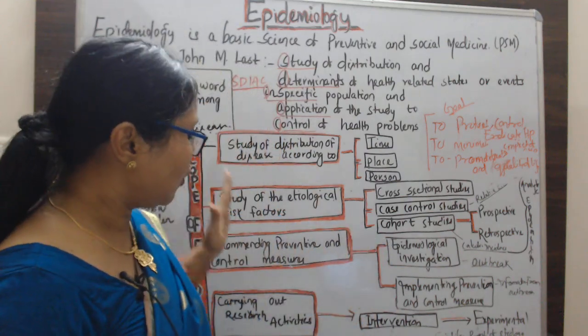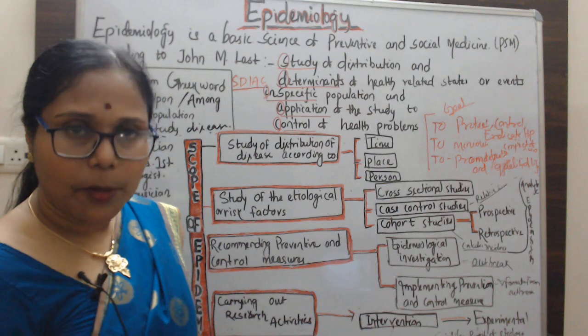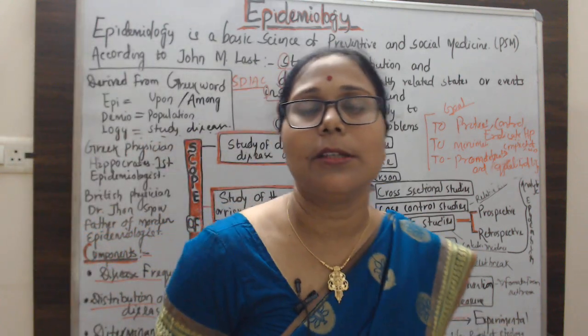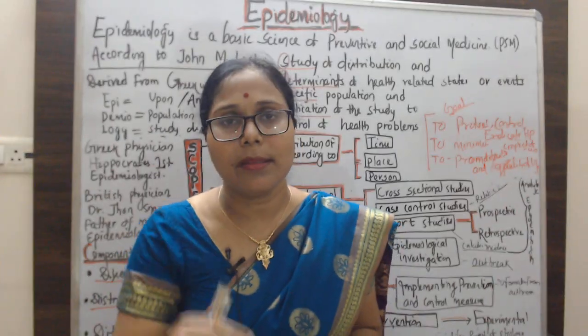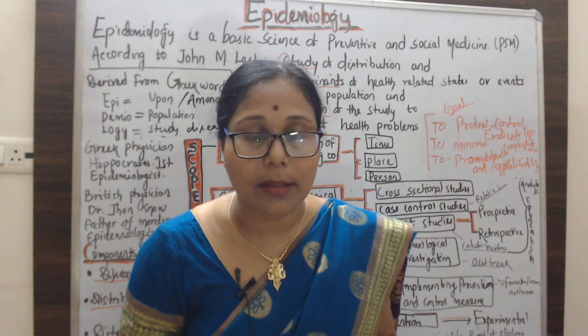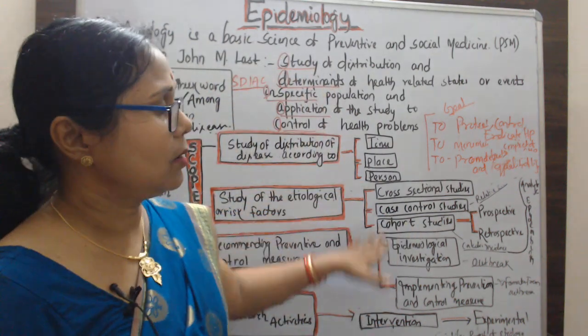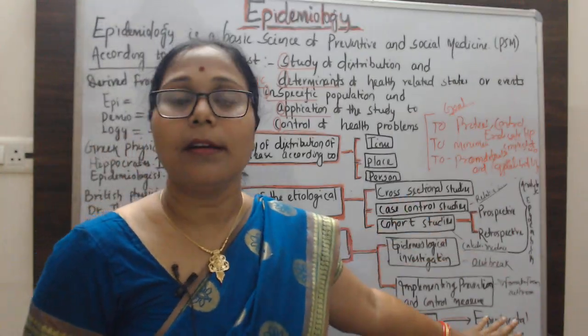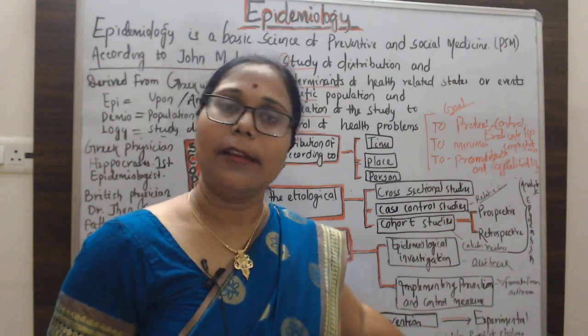So this is all about the scope of epidemiology. I know the epidemiology subject is vast. Here we discuss it briefly. Later we will discuss descriptive and analytic epidemiology in the next session.